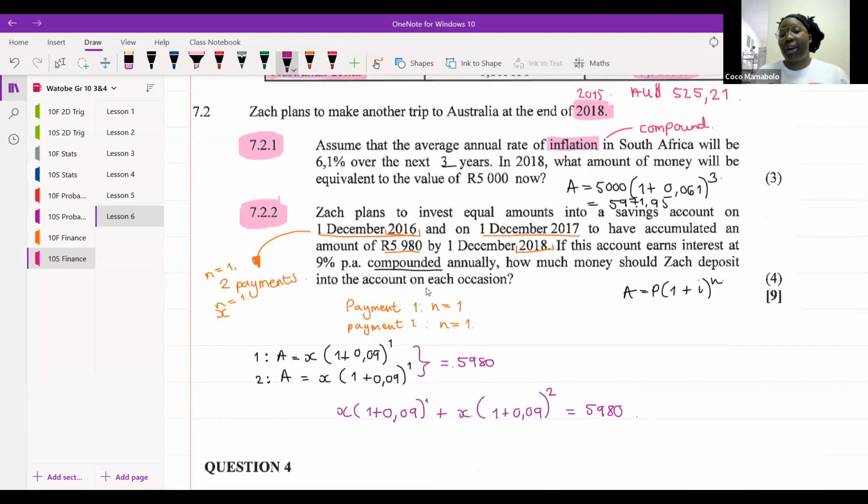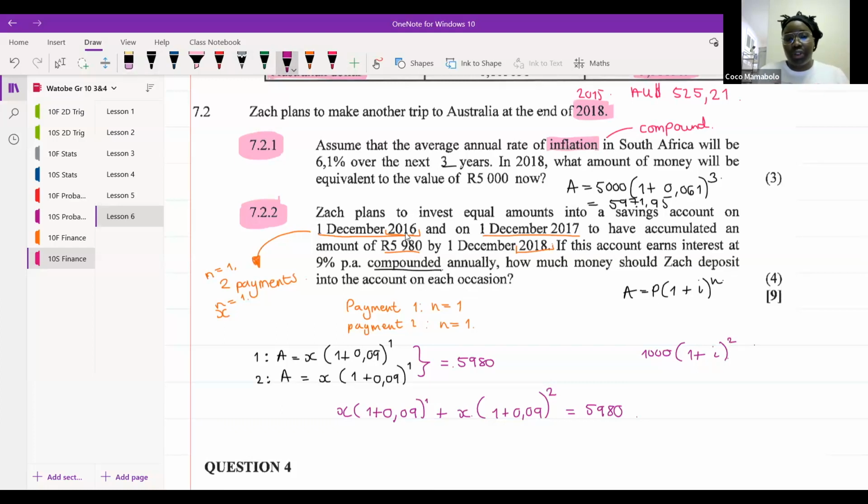All right, Moketsi, think about it. If I had 1,000 rand, right, and I wanted to compound that money, if I want the money to earn compound interest, I'm going to go 1 plus my interest rate to the power of 1. That's year 1. In year 2, if I wanted to do it for more than 1 year, this needs to be for 2 years.